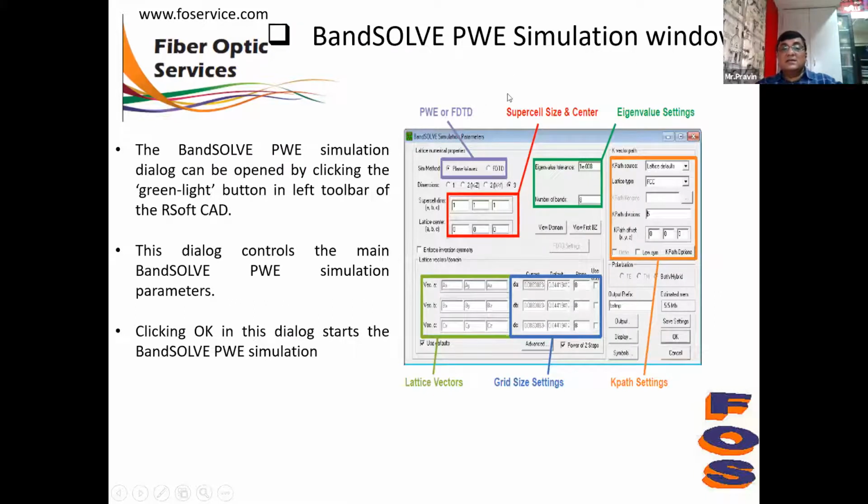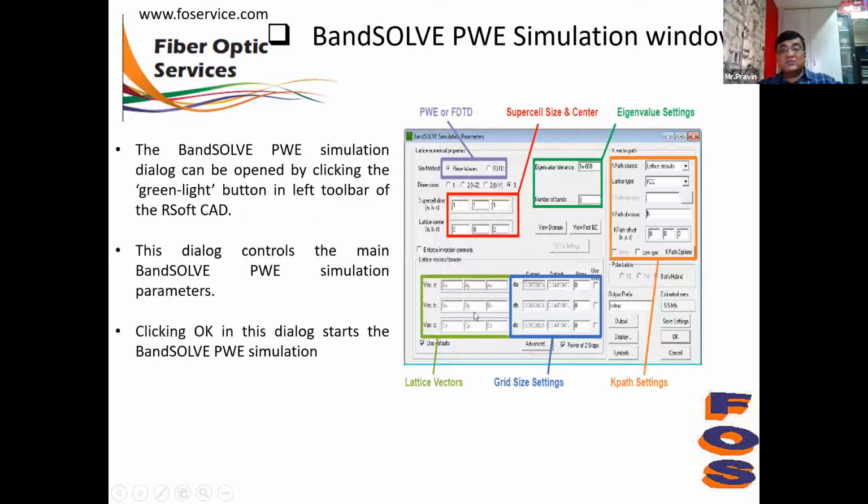This is the diagram of the band solve simulation window, where you can select what technique you want to use. You can set the eigenvalue, set the K path, and set the grid size.